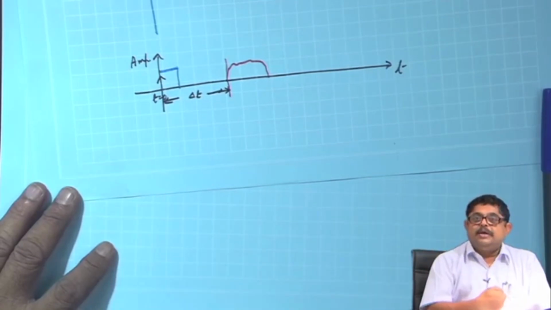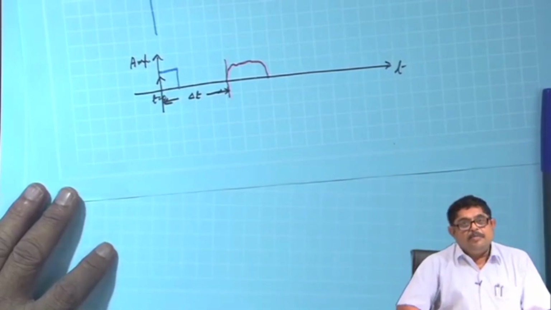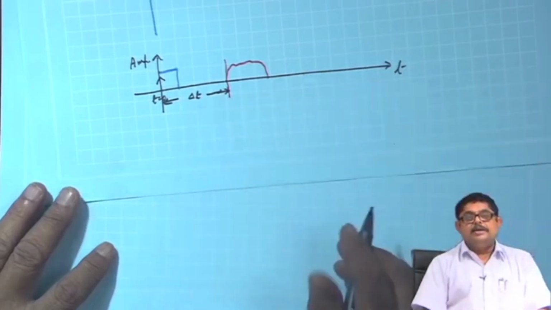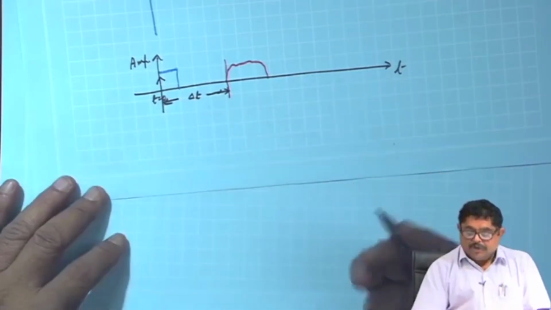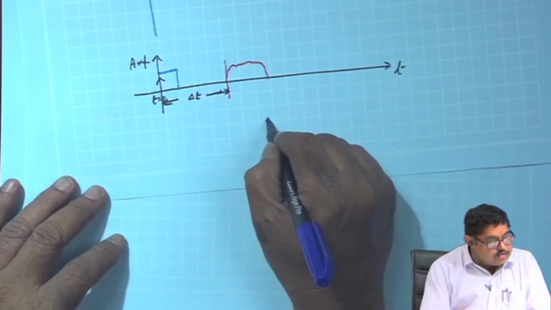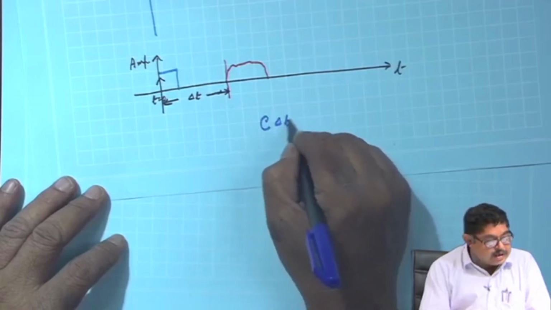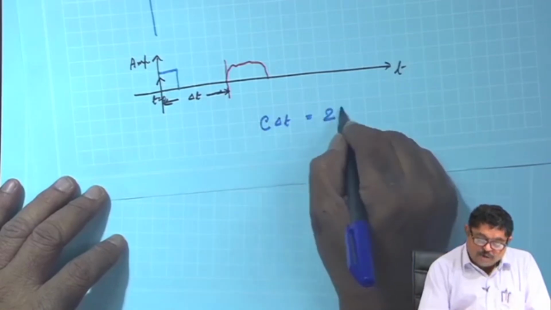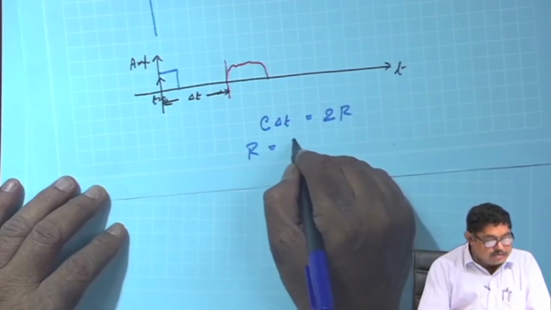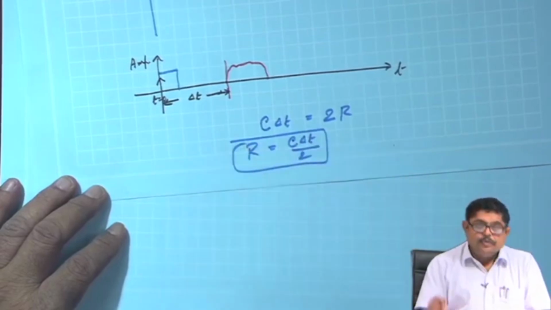Everything has traveled at the velocity of light, since an electromagnetic signal in free space has this velocity. So my equation will be c times delta t is 2r. From that, r is equal to c delta t by 2. This is okay.